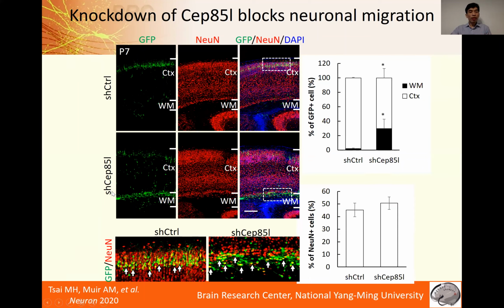So we knocked down this CEP85L gene in the mouse cortex, and we found it indeed affects neuronal migration, but it did not affect neuronal differentiation, because when we stain the cells with the neuronal marker, you see pretty much the same percentage of cells have differentiated into neurons.